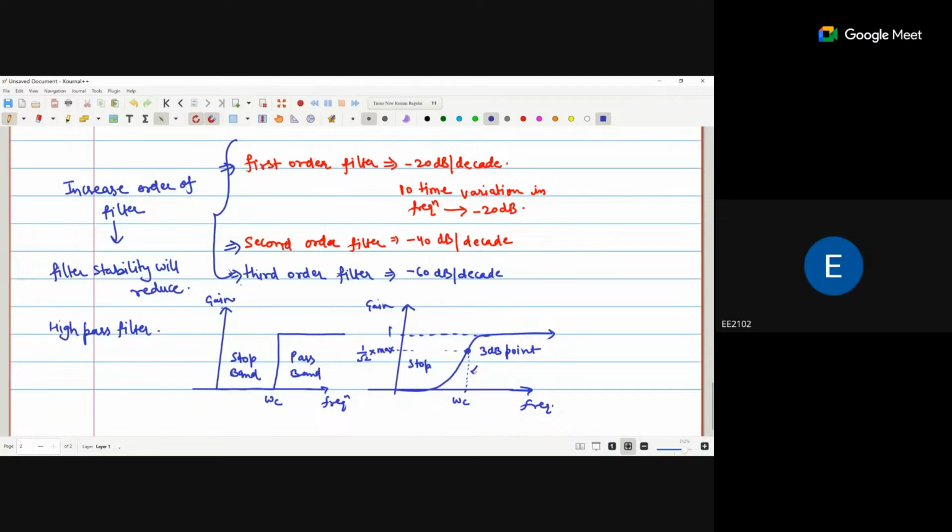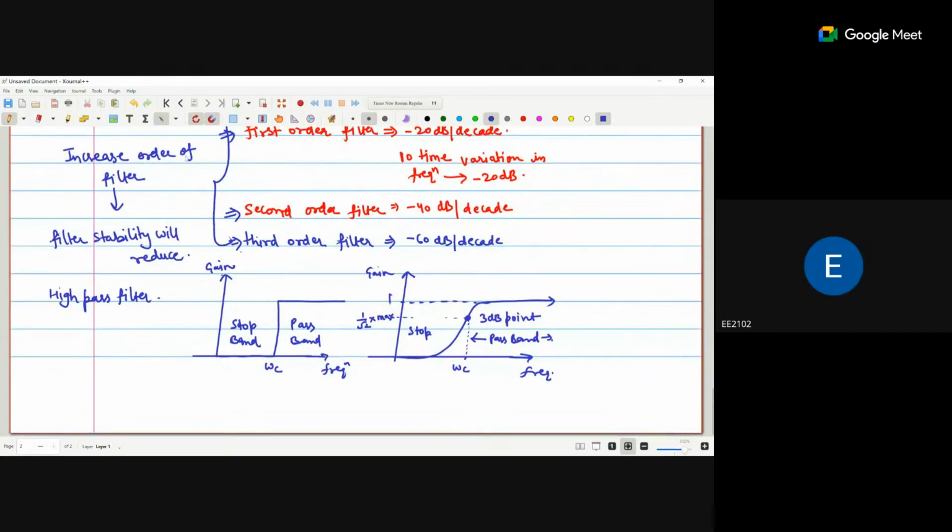The symbol of the high pass filter is: these two will pass, so it is a high pass. Upper two pass, so this is the low pass. Bottom two pass, so it is a high pass.